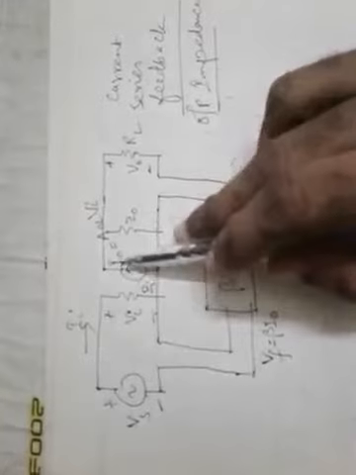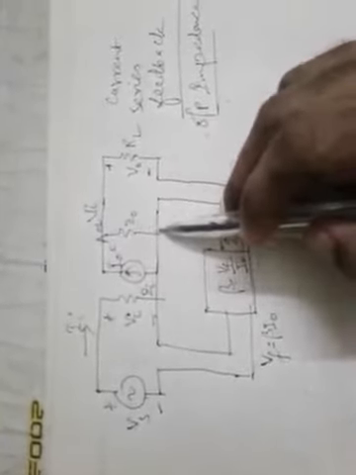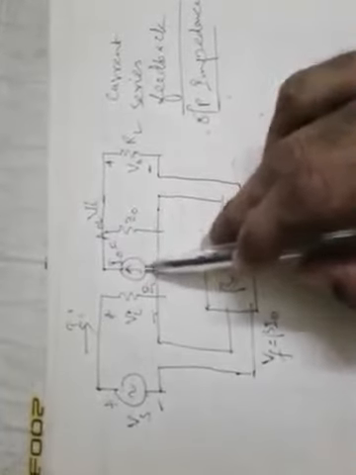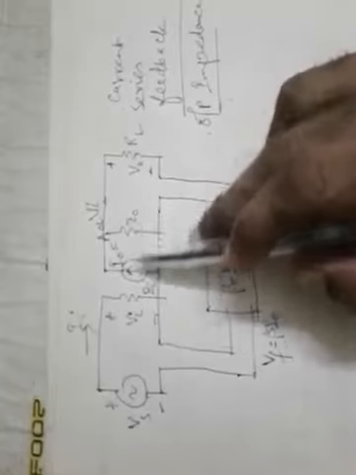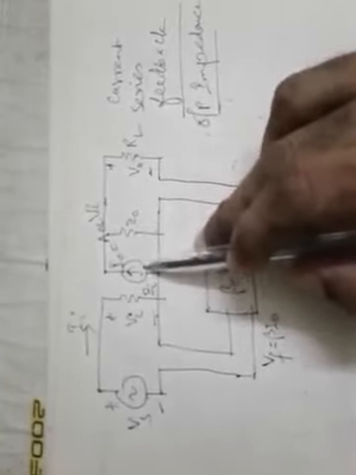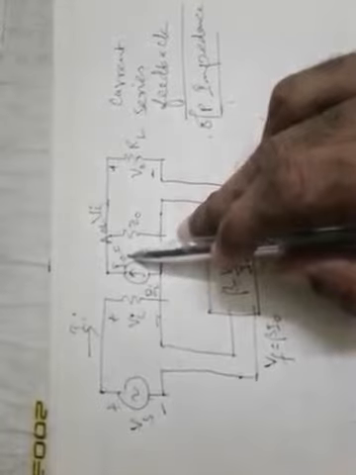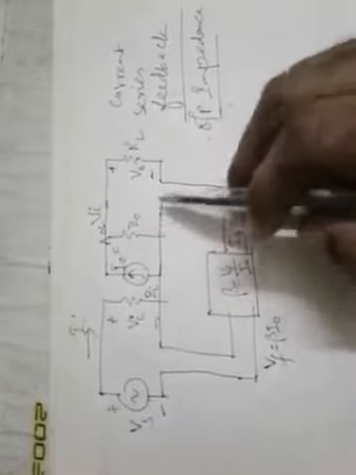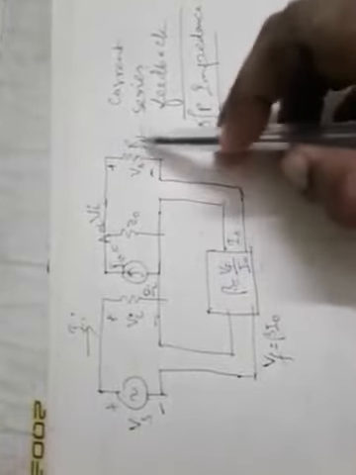Had it been voltage, this output impedance should be connected in series, but in this case it is connected in shunt, parallel to this current source which is delivering current Io, and since we are taking current out of it, this current will be producing a voltage drop.